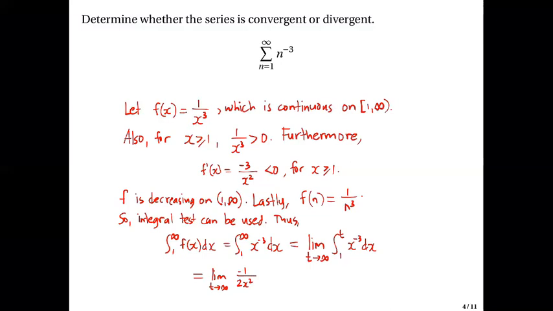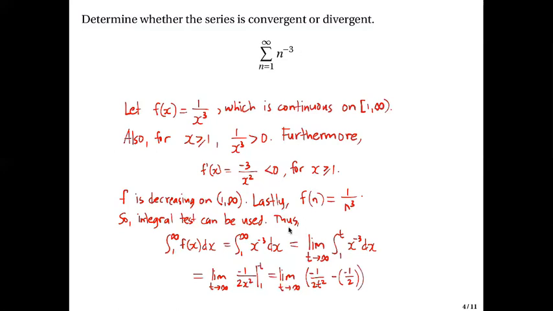And then you evaluate this from 1 up to t, and this is equal to the limit as t approaches plus infinity of negative 1 over 2t squared minus negative 1 half.